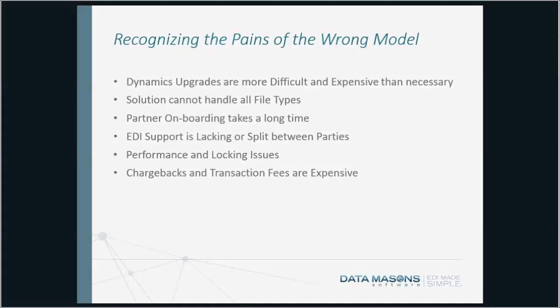Performance and locking issues, again, chargebacks, and in particular transaction fees. We see organizations who maybe start off because they had one customer or they're shipping to distribution centers and stores, and lo and behold, they now start to take on a drop ship program, and the volume just significantly changes.